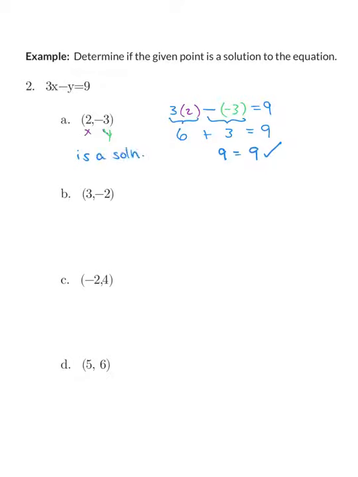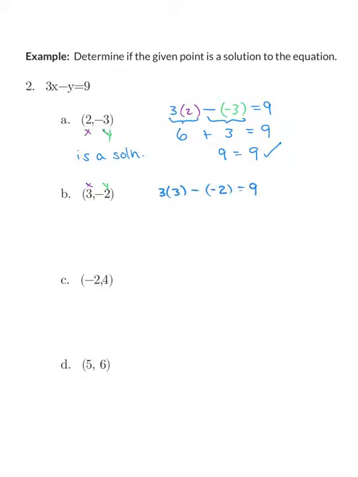Okay, well, what about 3, -2? So if we plug in 3, -2, again, I want to replace x with 3 and y with -2. We can go ahead and plug this in. We get 3 times 3 minus -2.